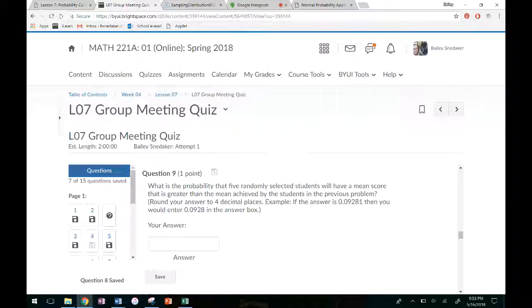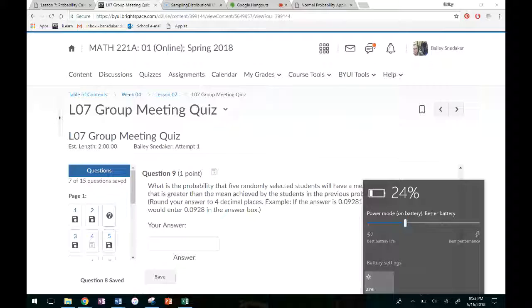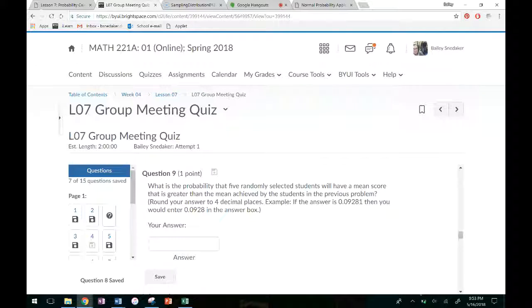So the next one we get to use the applet. Yay. Over the 5 rounds, have a mean score that is greater than the mean achieved score.